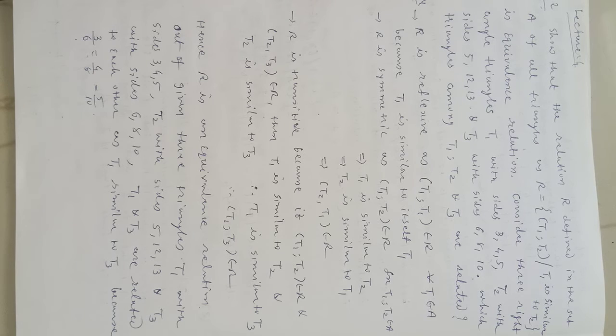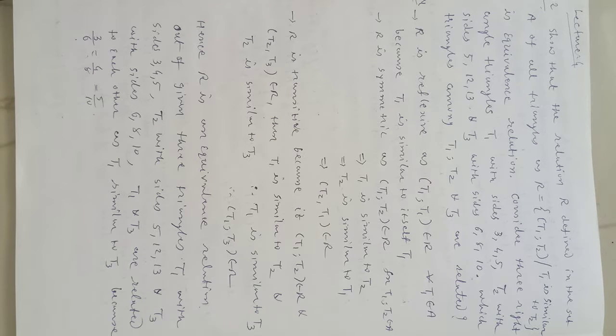And then another question: consider three right angle triangles, T1 with sides 3, 4, 5, T2 with sides 5, 12, 13, and T3 with sides 6, 8, 10. Which triangles among T1, T2 and T3 are related?